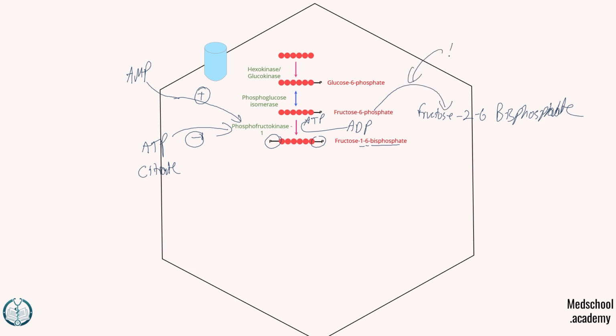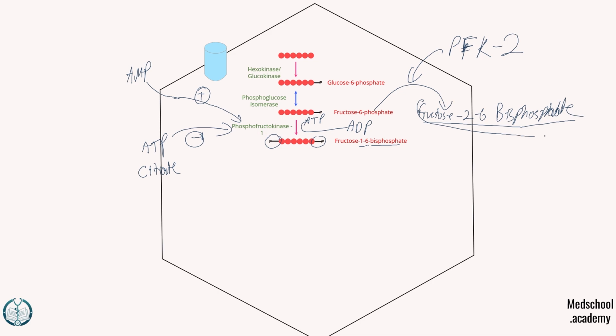PFK2. So here we have PFK1 that turns fructose 6-phosphate to fructose 1,6-bisphosphate, and we have PFK2 which turns fructose 6-phosphate to fructose 2,6-bisphosphate.